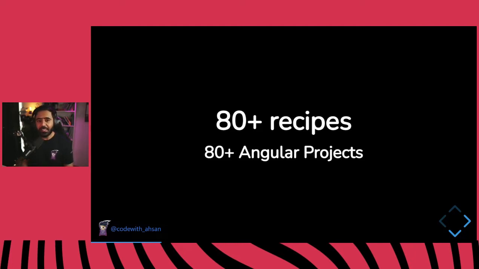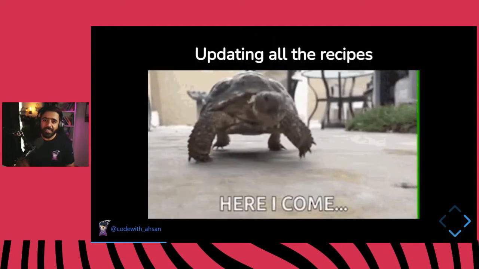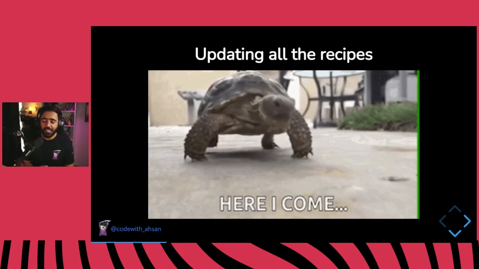Now, one of the challenges that I immediately faced when I published the book, and as you know about Angular, Angular has a predictive release cycle. So every 6 months, there is a major release. Now, updating all the recipes, all the projects, whenever there's an update to Angular, it's very slow.